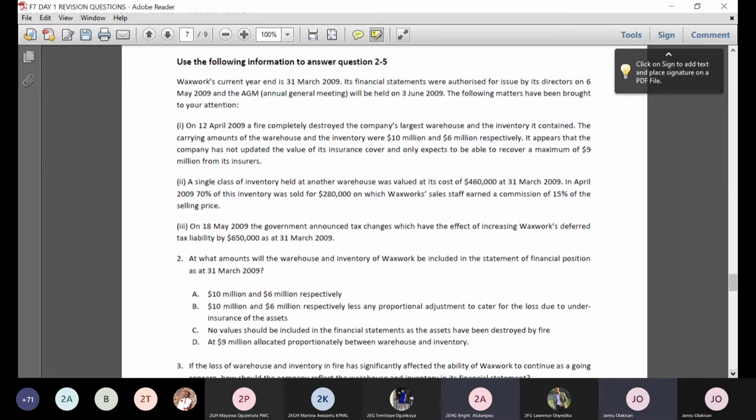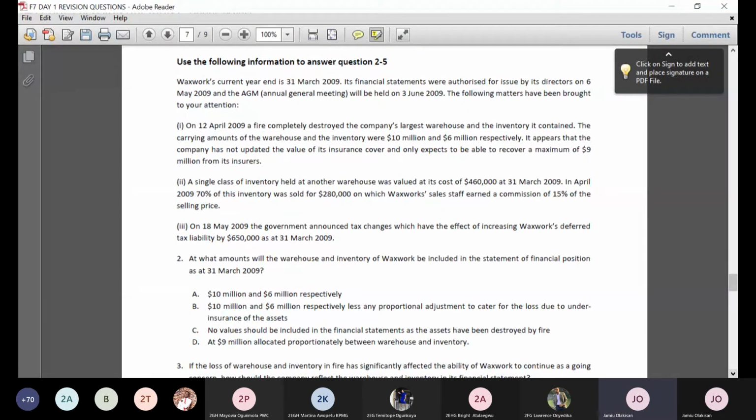What do you guys think? A. The amount I go with. You know, that question 2 relates to Roman figure 1 part, right? Okay, so you say on 12th April.